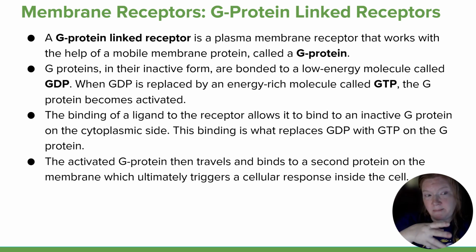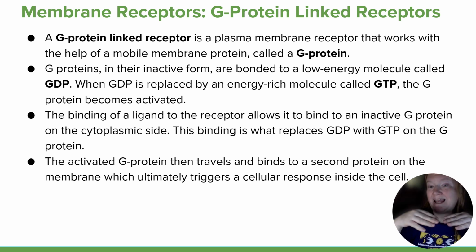This is very similar to ADP. When GDP is replaced by an energy-rich molecule called GTP, very similar to ATP, the G protein becomes activated. So what does that mean? When the G protein has GDP attached to it, it's inactive. But when that G protein has GTP attached to it, boom, active.